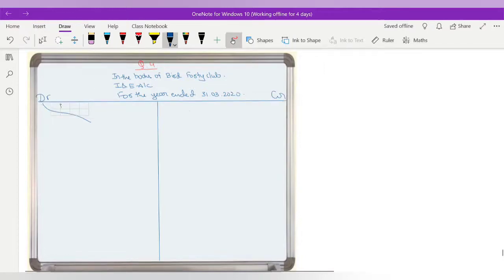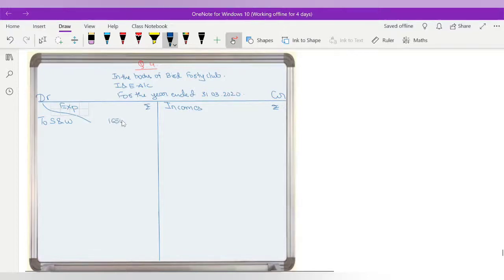This is my expenses, rupees, and here it is my incomes, right? And then rupees. See the first item given in your receipts and payment account. On your payment side, the first item is what? Salary and wages. You have already put up a star mark over there, right? To salary and wages, how much?